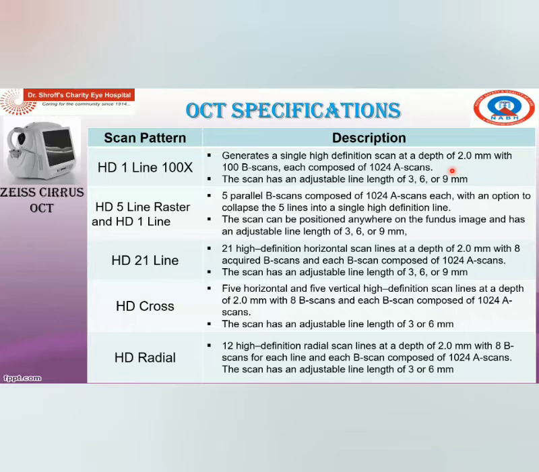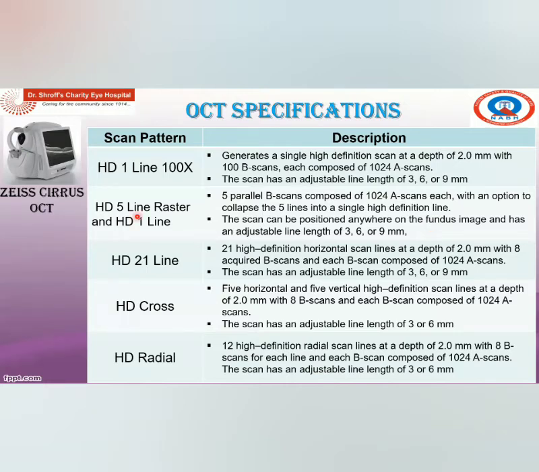In the Cirrus OCT machine, we have the option of changing the length of the line. When capturing a scan, we can take a scan of 3 mm, 6 mm, or 9 mm. We can change the length of the line scan to anything from 3 to 9.